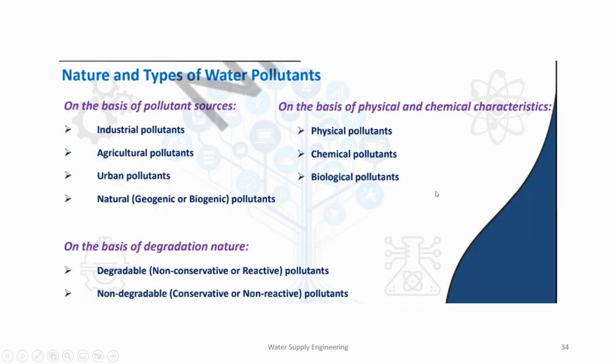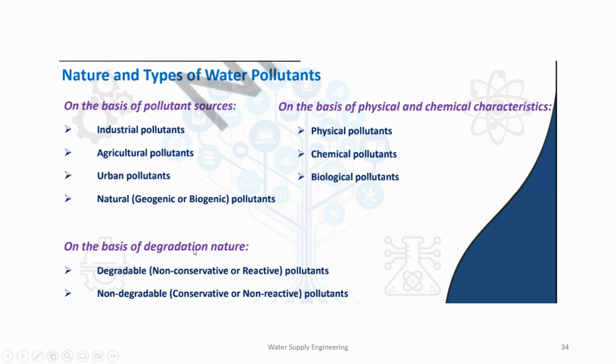All right. So, as we saw earlier in the first question, we have three different categories of classification of water pollutants. On the basis of pollutant sources, we have industrial pollutant, agricultural pollutant, urban pollutant, and natural, geogenic, or biogenic pollutant.